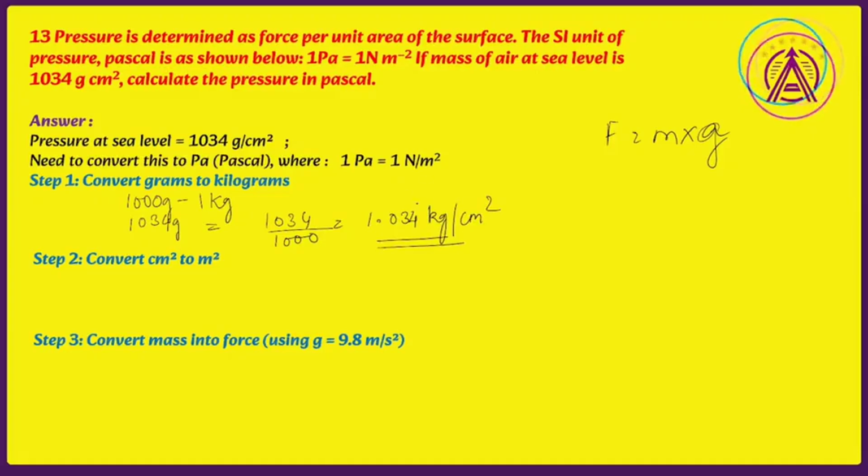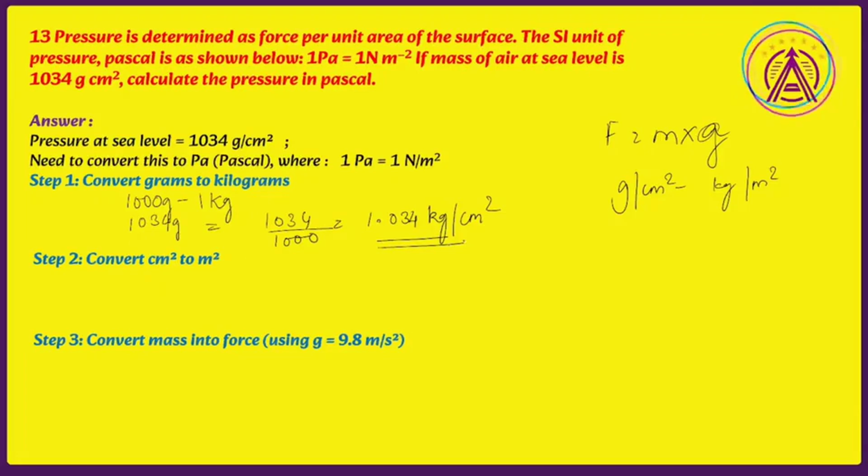I am just trying to convert this from grams per centimeter square to kg per meter square. Instead of doing it in one go, I'm doing it in two steps so that it's easier for you all to understand.